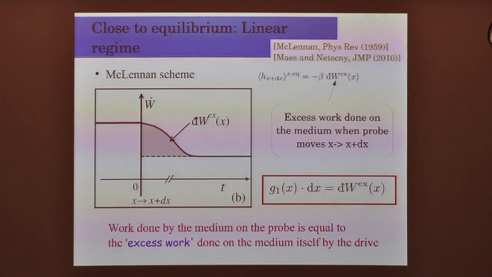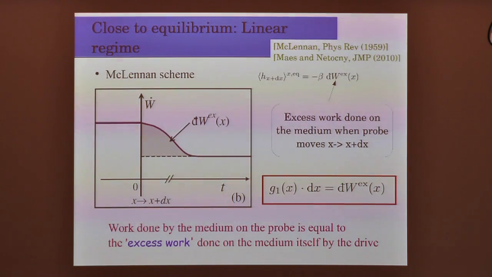So, we have a rho at x, and then it relaxes to rho at x plus dx, and if we measure this area under the work rate, this is what I mean by excess work. This is a constant value in the new stationary state, and this was a constant value in the previous stationary state, and this is the excess work done on the medium by the external drive.